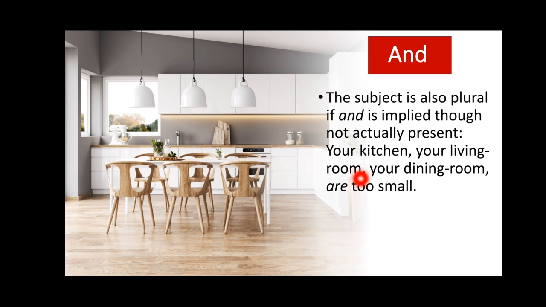You can see that there is no and, but and is implied here. It is implicit, so we cannot see it, it's not visible, but it is there. Your kitchen, your living room, your dining room are too small. So here and is implied.